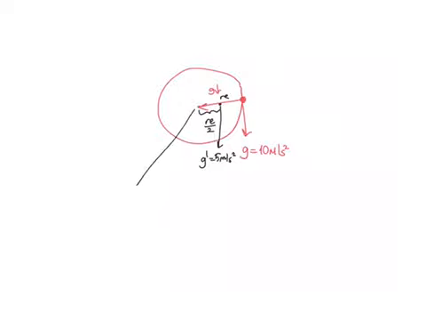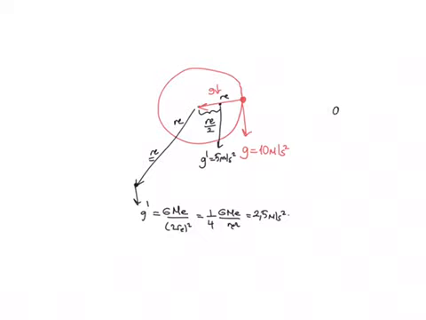If I go further, one more radius of Earth, then from the formula, G M Earth over 2 r Earth squared is 1 over 4 of the gravity at the surface, so it will be 2.5 meters per second square.